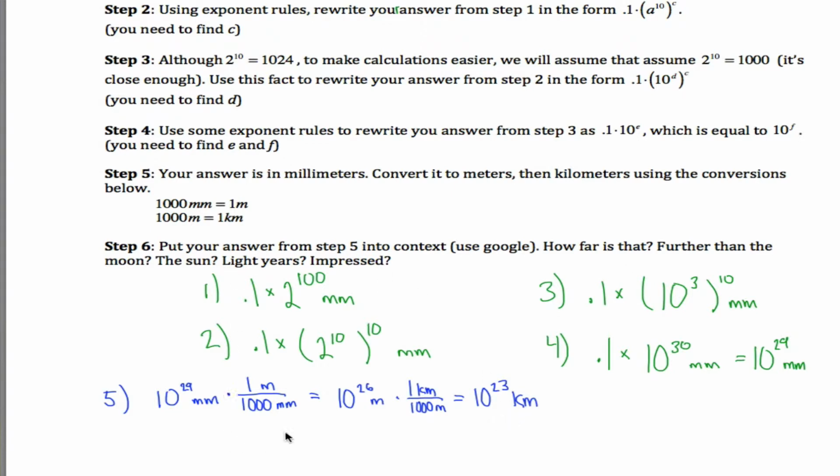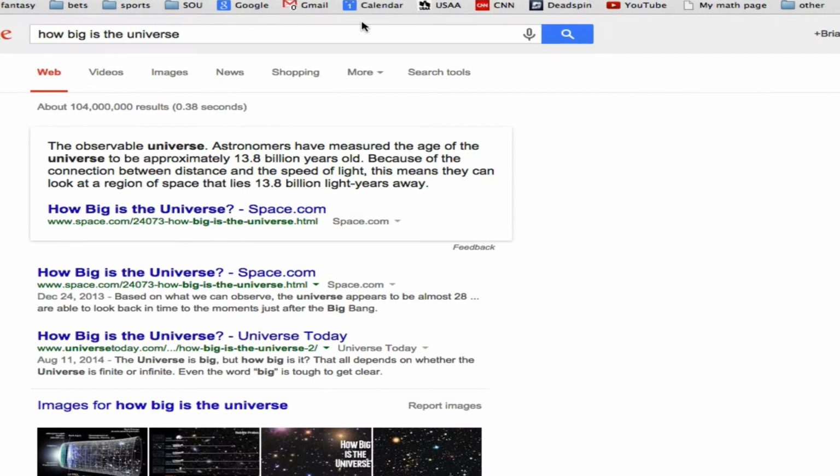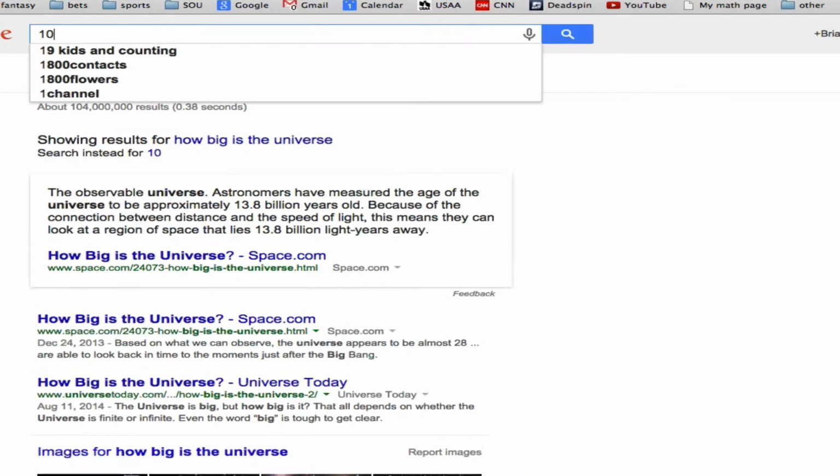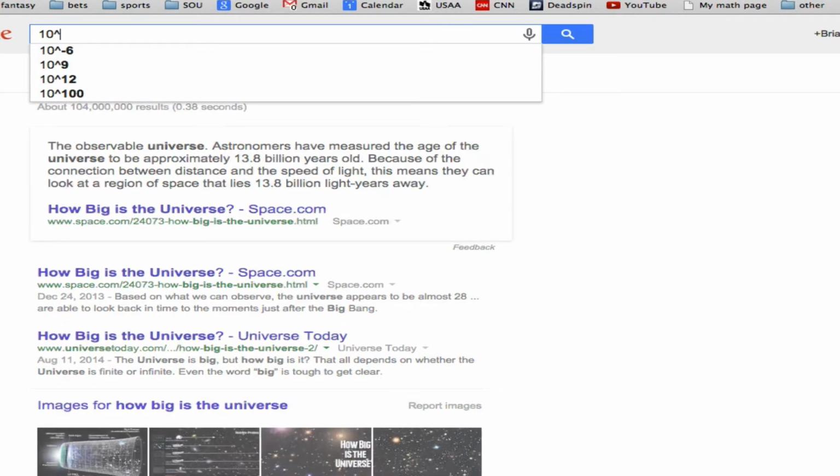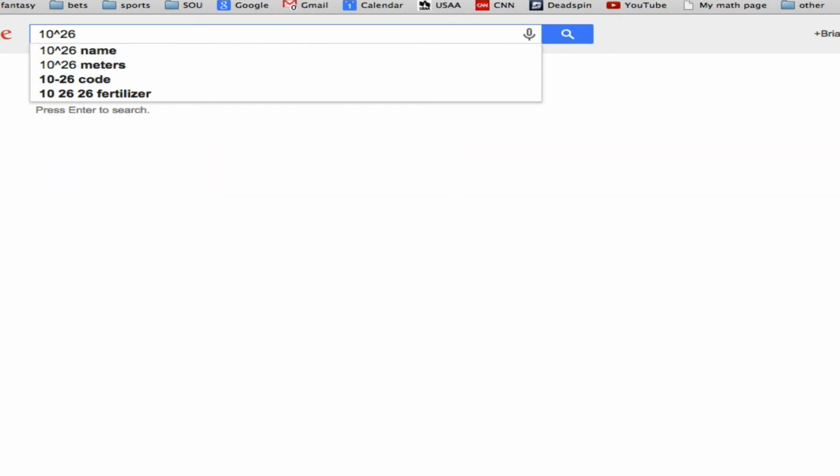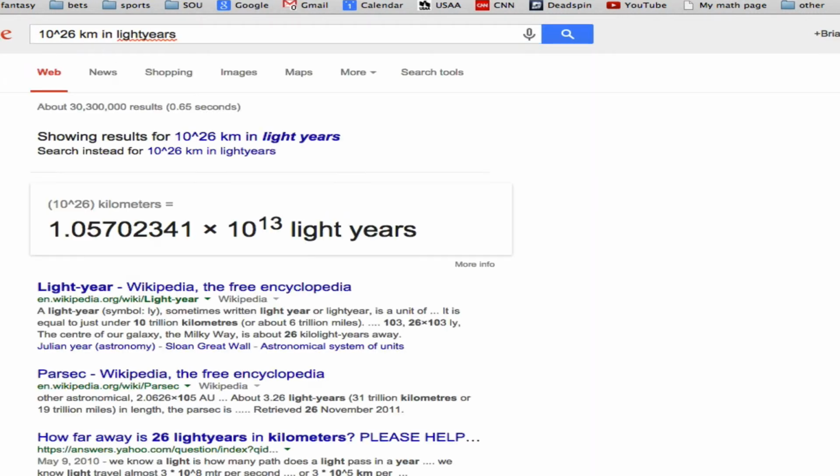How big is it? Well, step 6 says Google this, look it up. I kind of already did it. Let's first convert into light years. So 10 to the 26th power kilometers, maybe in light years, and see what Google tells me. Google says that 10 to the 26 kilometers is the same as 10 to the 13th light years.